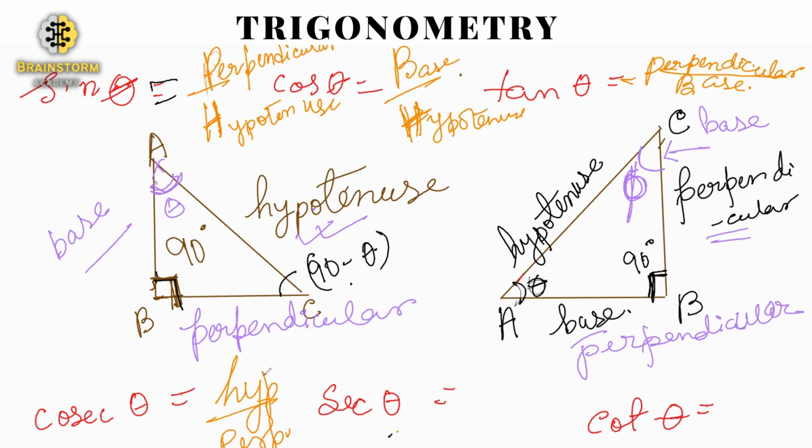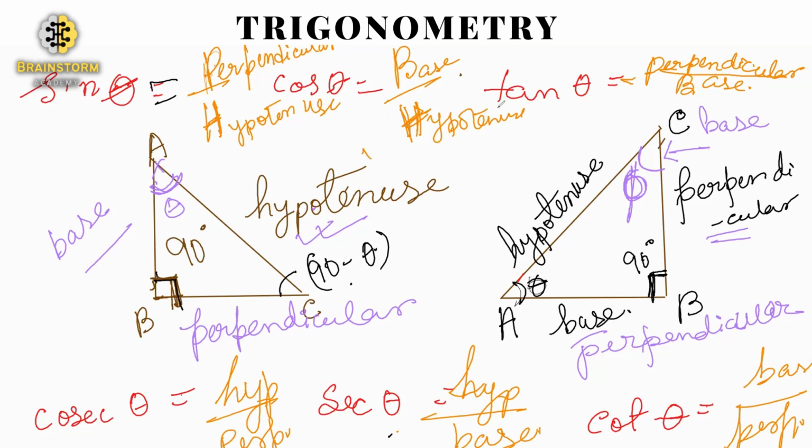Easy? Just the reciprocal of sine. Sec theta will be hypotenuse by base, just the opposite of cos. And cot theta will be base by perpendicular. Is this easy? Is this fine enough?